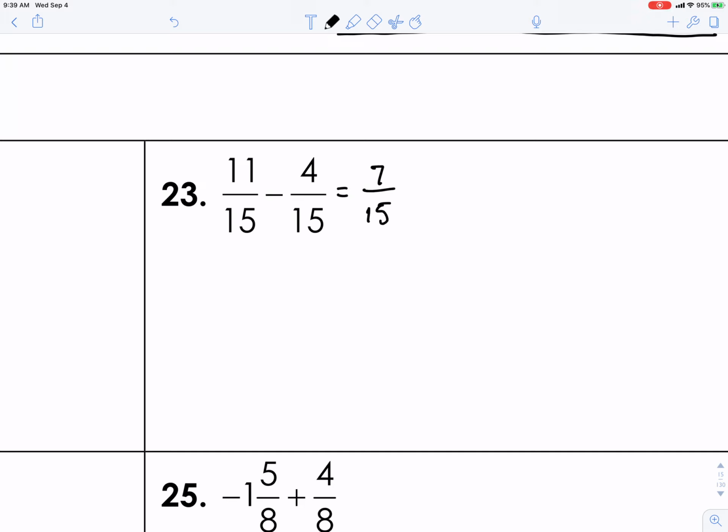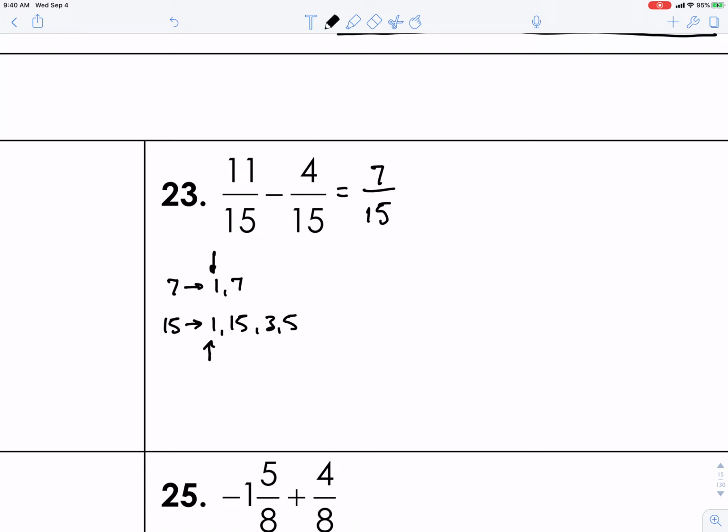I look at that. To get 7, I've only got 1 and 7 as the only two numbers I can multiply to get 7. For 15, I've got 1 and 15, and I've got 3 times 5. So I've got 1, 15, 3, and 5. The only number that appears in both of those is the 1. And dividing by 1 won't help me. It won't do anything.